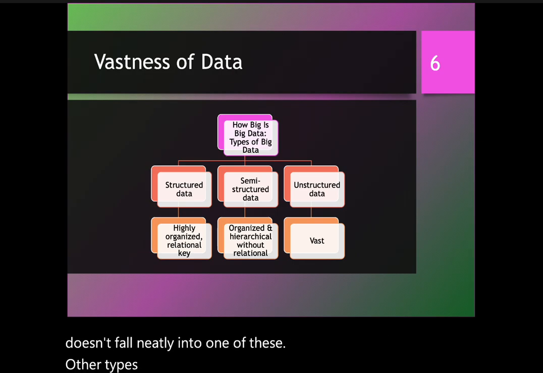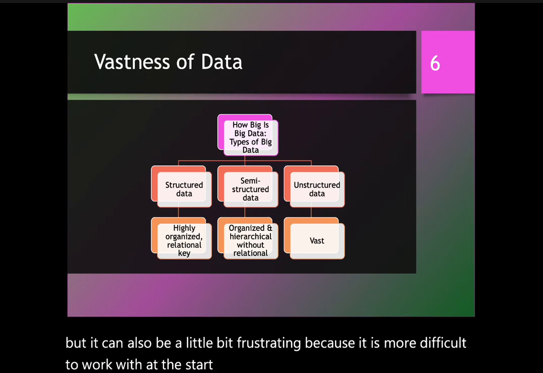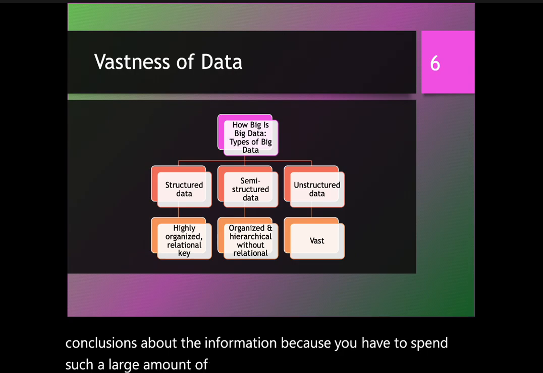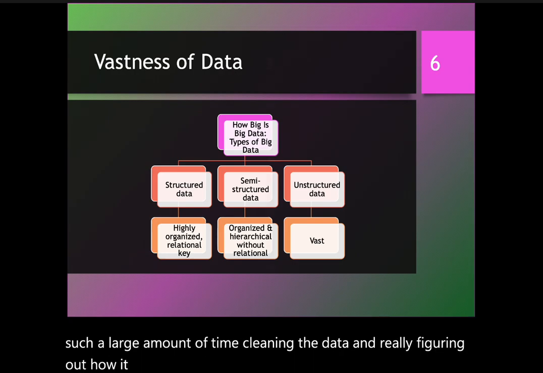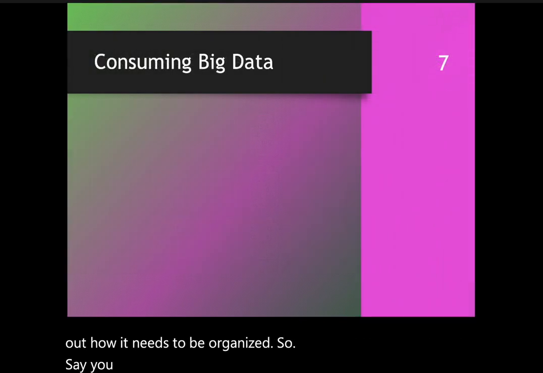So unstructured data can be really helpful, but it can also be a little bit frustrating because it is more difficult to work with at the start in order to draw meaningful conclusions about the information, because you have to spend such a large amount of time cleaning the data and figuring out how it needs to be organized.